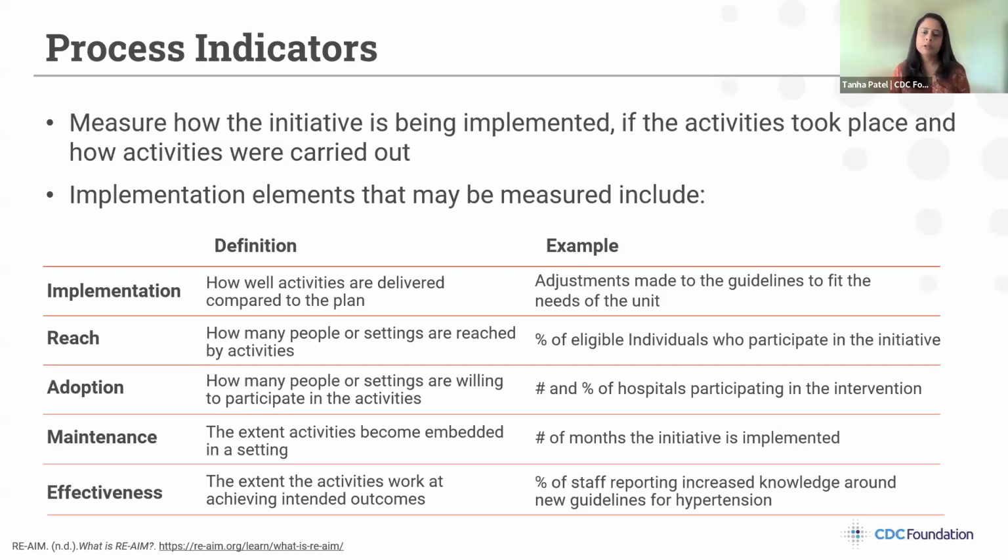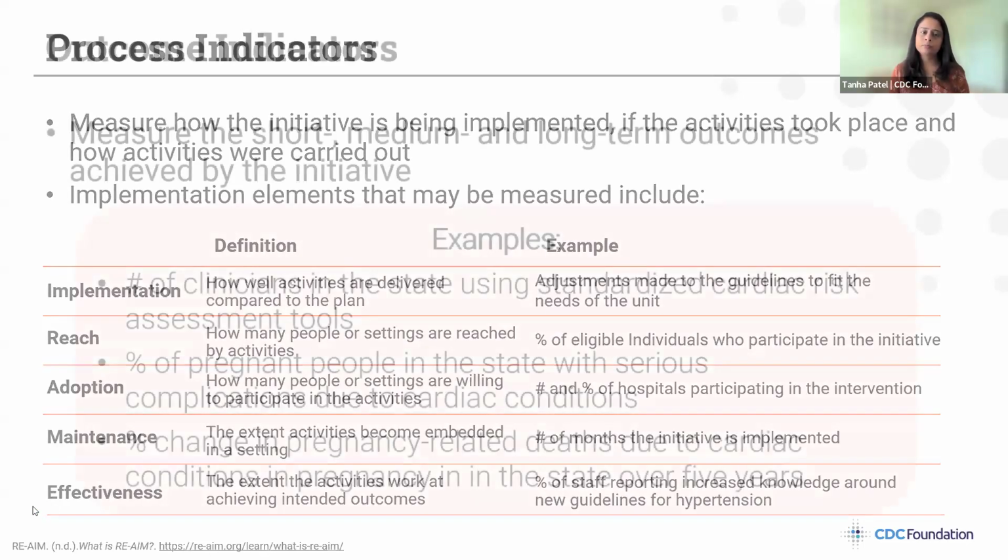An example of this is percentage of staff reporting increased knowledge around new guidelines for hypertension after they attended a training. And you'll notice that the effectiveness is now starting to look at your outputs and short-term outcomes of the activity. So it's really now starting to move towards outcome evaluation.